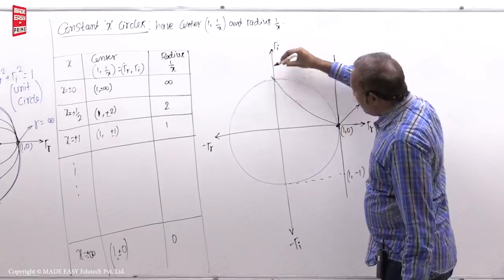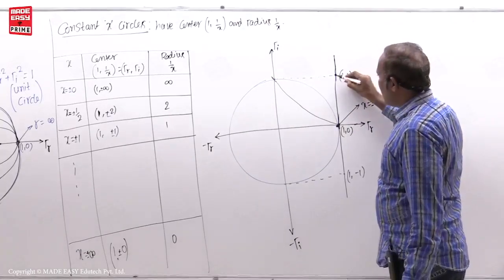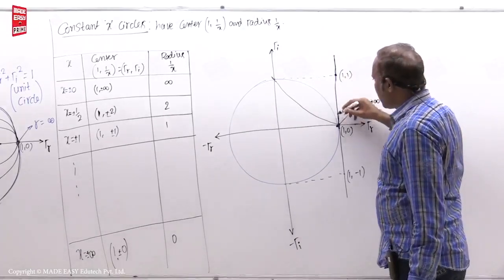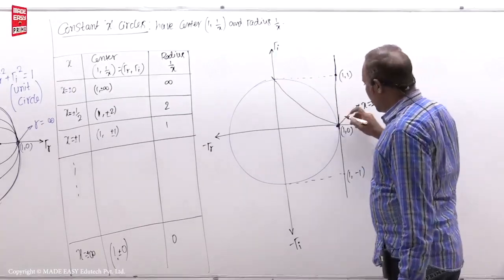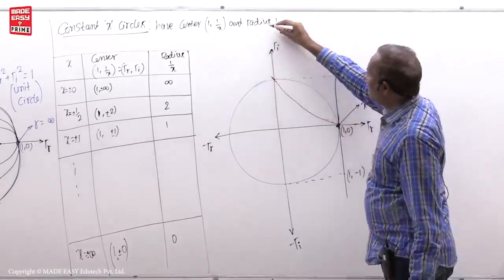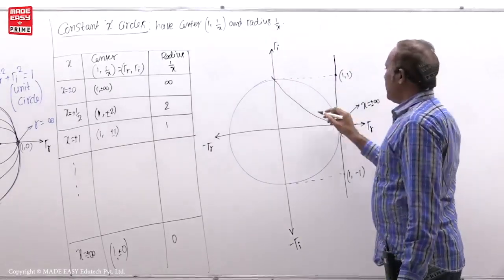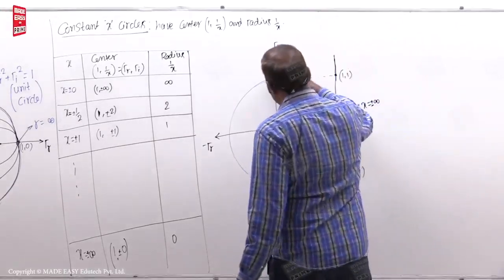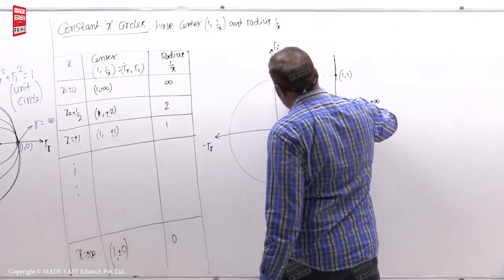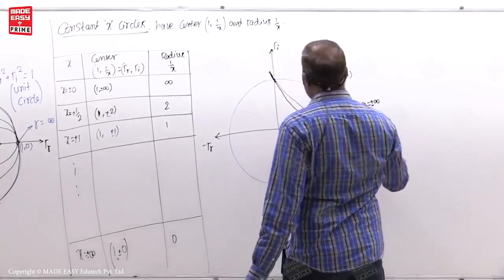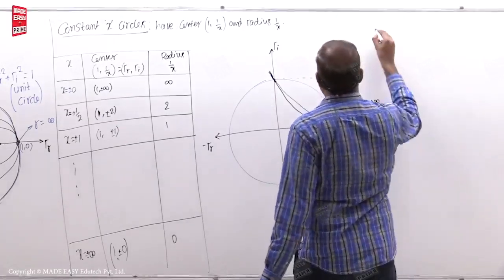The center is 1 comma 1, and radius is 1 here. From here to here 1, and it goes like this, a little bit bent like this, students.